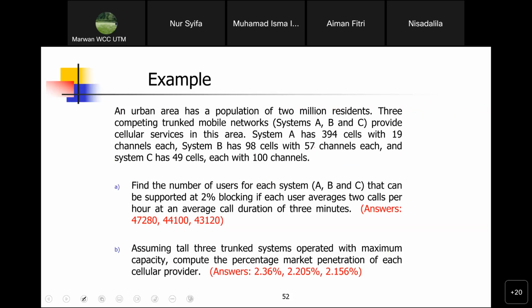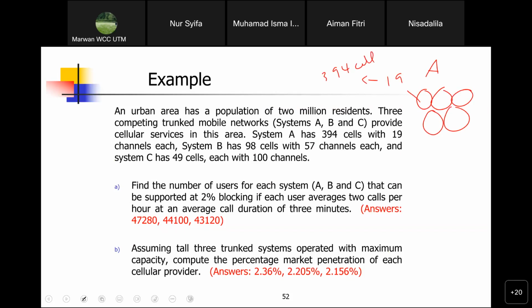If you look at system A, they didn't mention the cluster. One cell here has 19 channels, and there are about 394 cells.